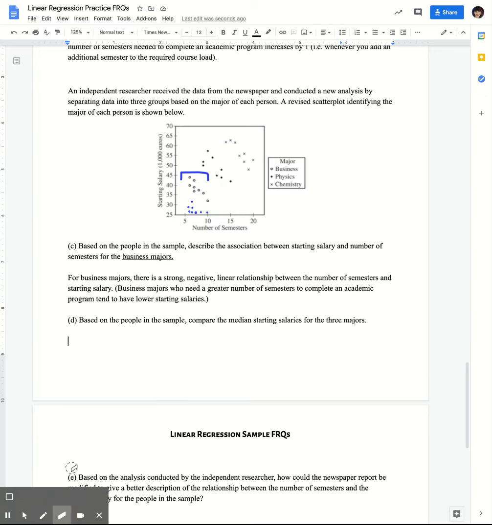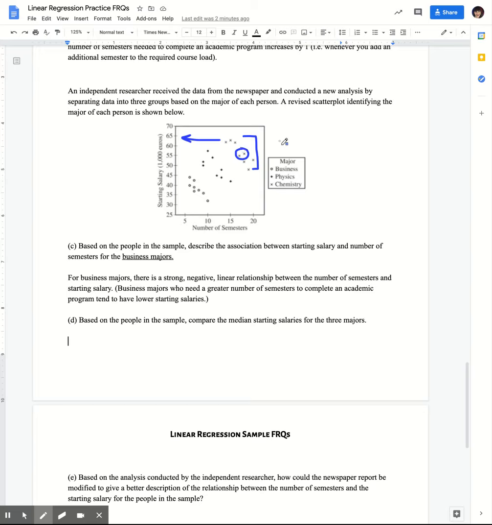So what we have to look at is median starting salary. So essentially what we're doing is we're looking at the Y values and almost collapsing all of the data this way to see where the medians are. So you're looking for the middle, the vertical middle in each group. So I would say the vertical middle in the chemistry group is about right here.